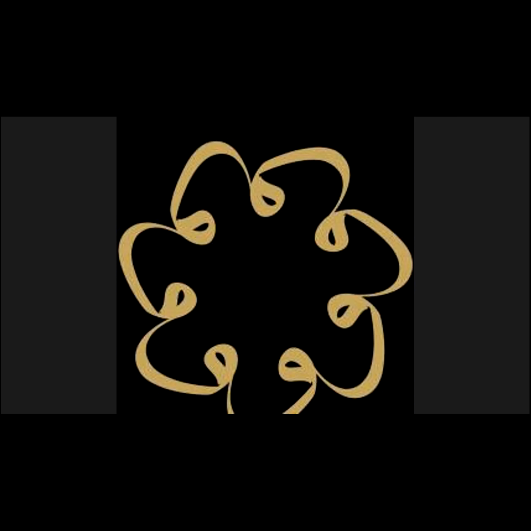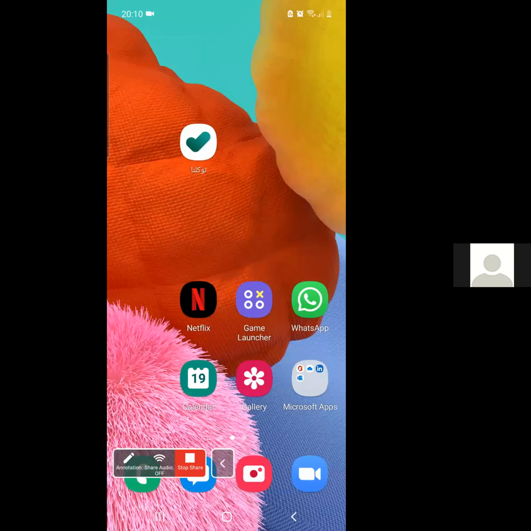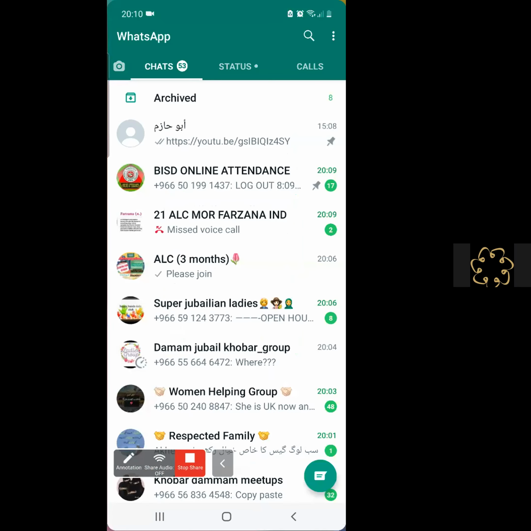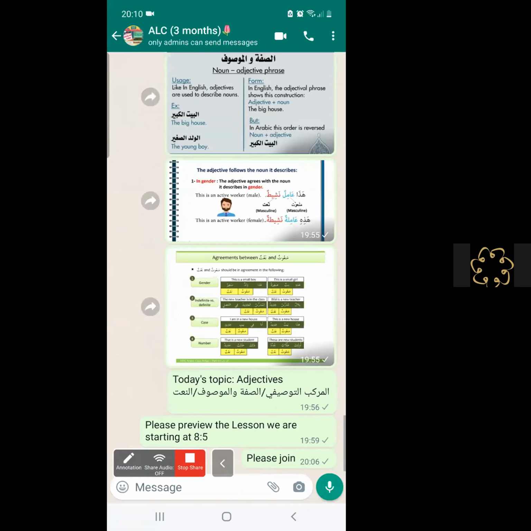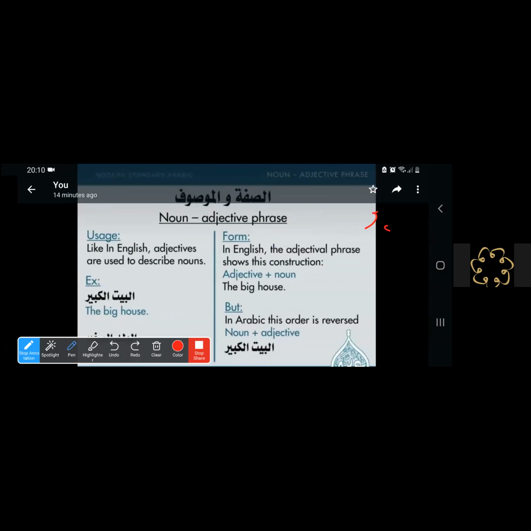تمام. Okay, so we can proceed. المركب الإضافي, I hope you got it. What is مركب الإضافي? It means a compound noun that you added. See, in English you say Aisha's book, apostrophe S. تمام? It's إضافة.